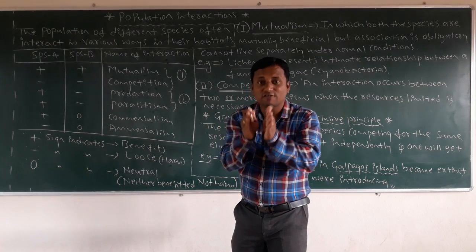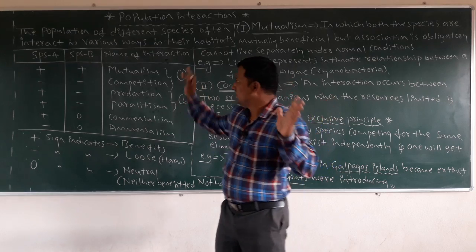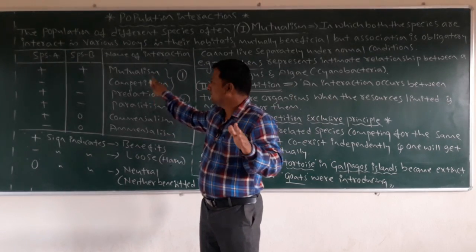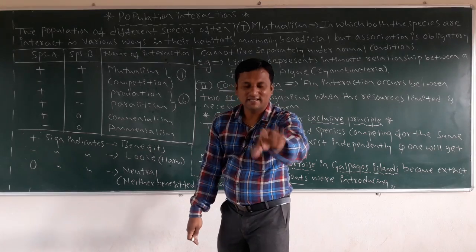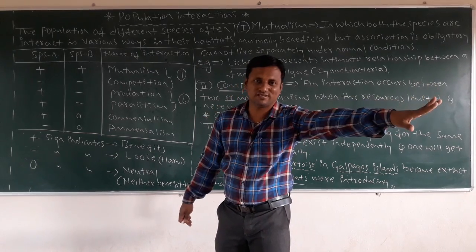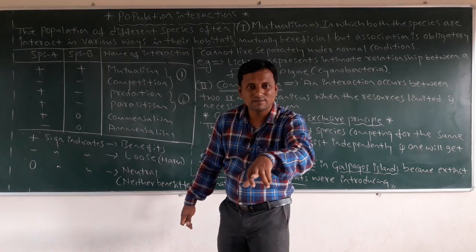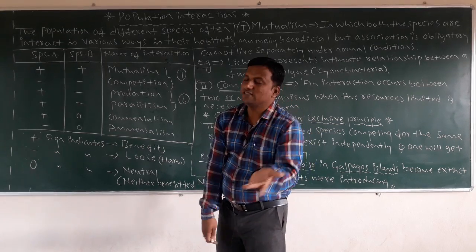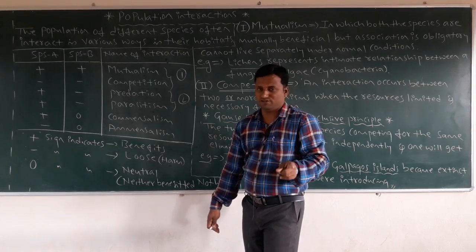I am telling this for remembering the concepts in the easiest way. In mutualism and competition, both are opposite: in mutualism both get benefited and in competition both lose. And in predation and parasitism, in both interactions, one species gets the benefit and one loses.